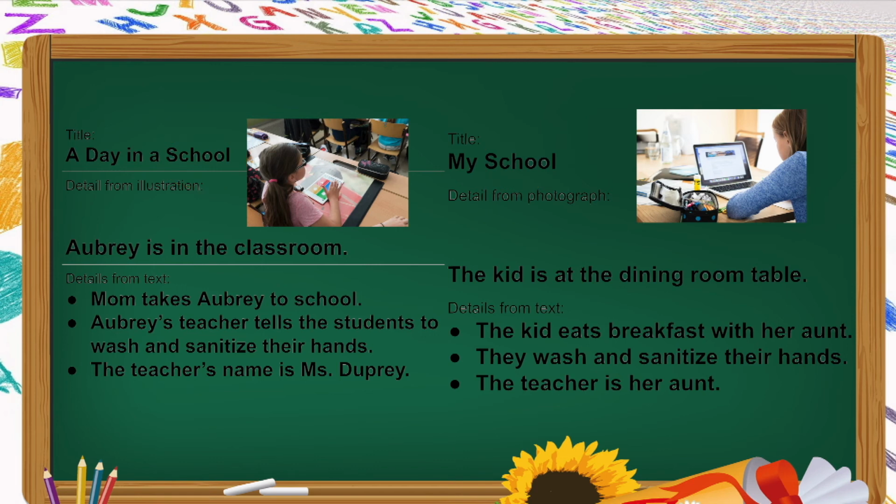Now, do you see another similarity? Whoa, both of the kids wash and sanitize their hands. Great job! Let's see if in our details we can find differences. What differences do you see?